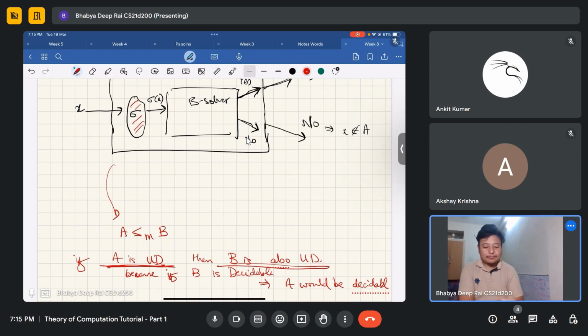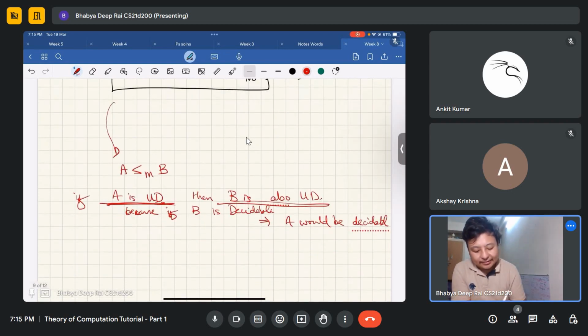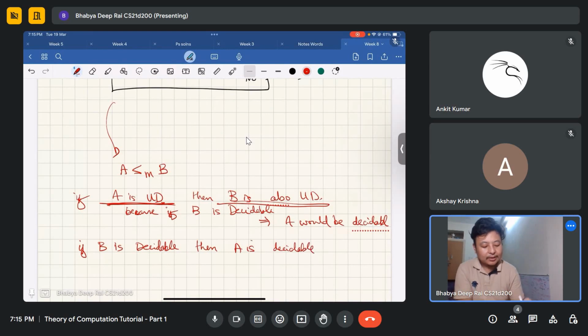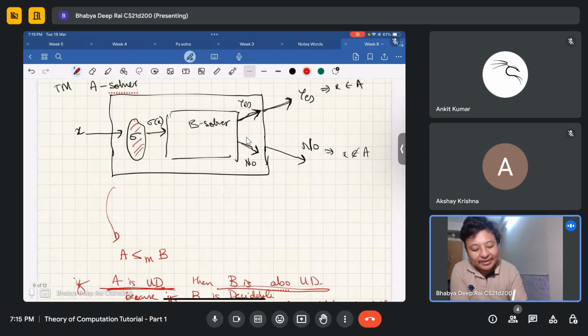Getting it? Next, if B is decidable, then this directly follows from the definition of reducibility: A is decidable. Because clearly if B is decidable, then there is a B solver for it.